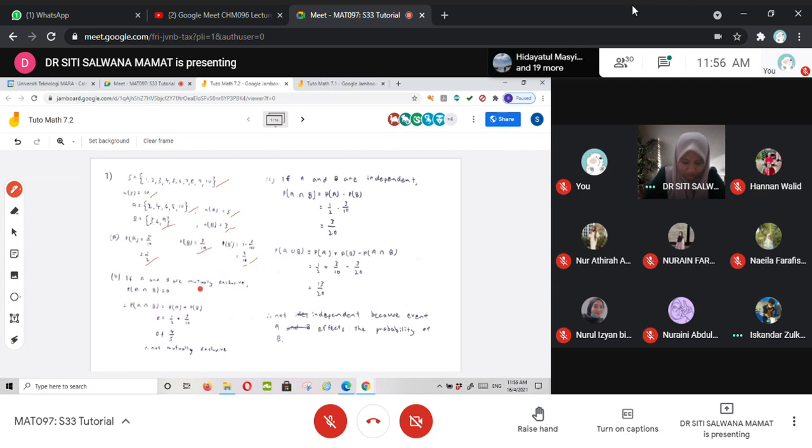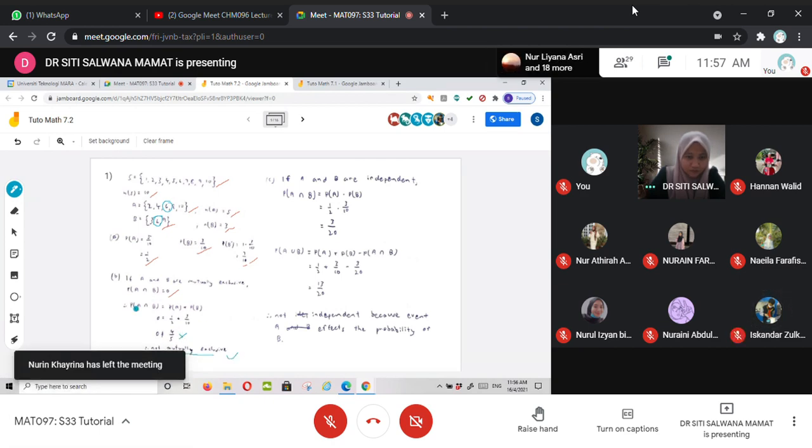No, they are not mutually exclusive. If they were mutually exclusive, they would not share common elements, but they share a common element, which is 6. Actually, if we find the probability here, this is a mistake. But yes, this is not mutually exclusive.